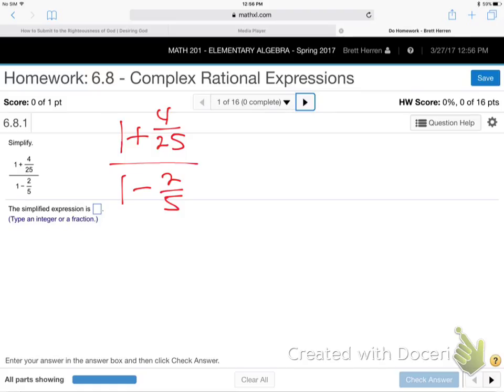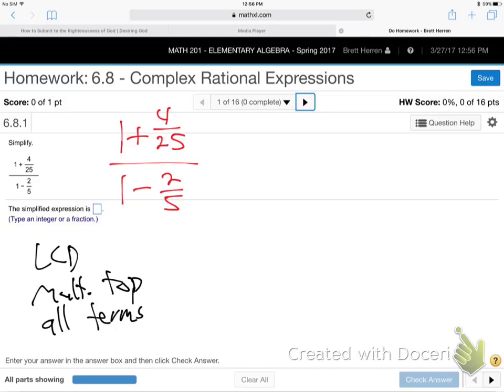All right, so complex fractions, fractions over fractions. What are we going to do? Well, basically, you're going to take the LCD and multiply the top of all terms by the LCD. So, what is the LCD? As you look at all those, it's 25. Can you see it?